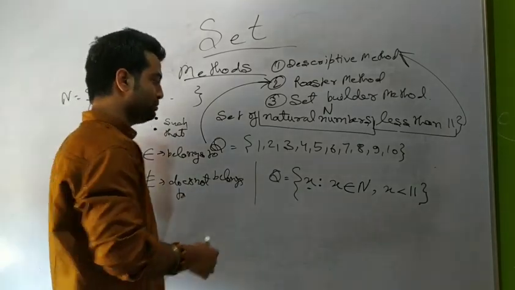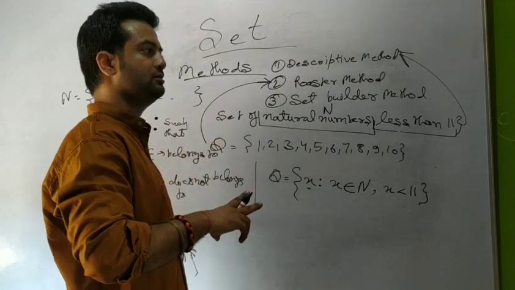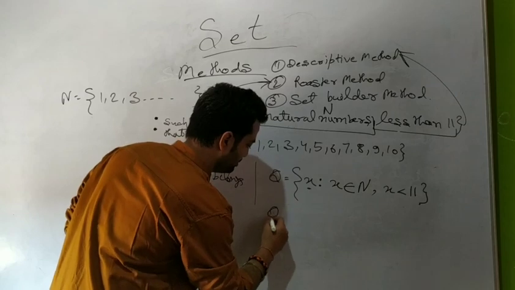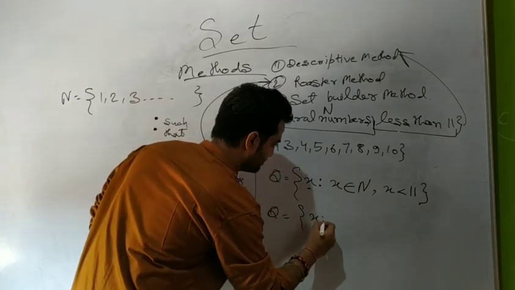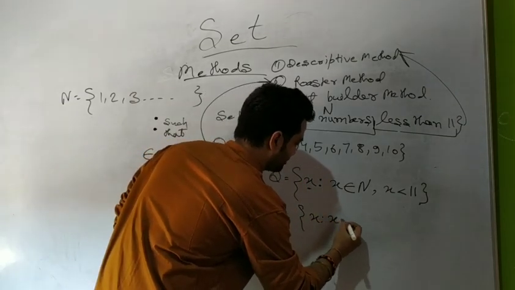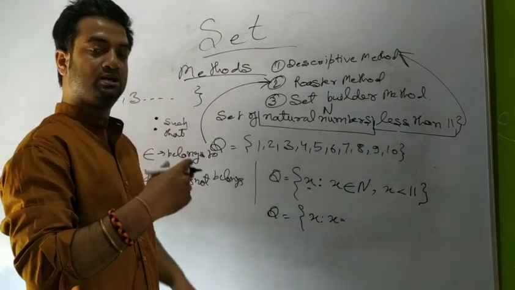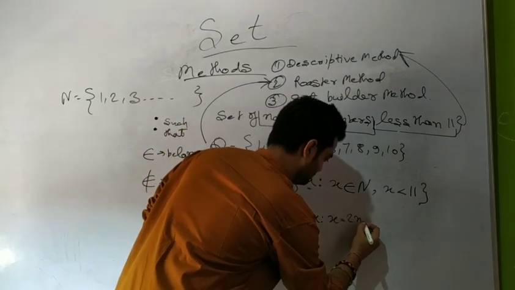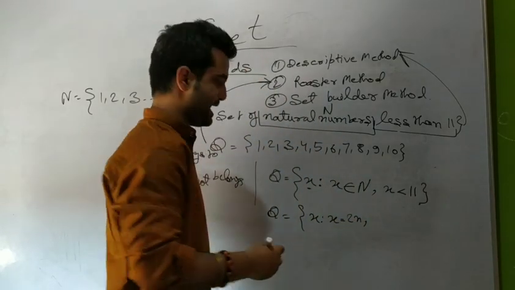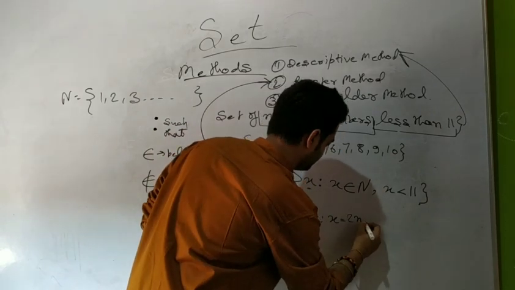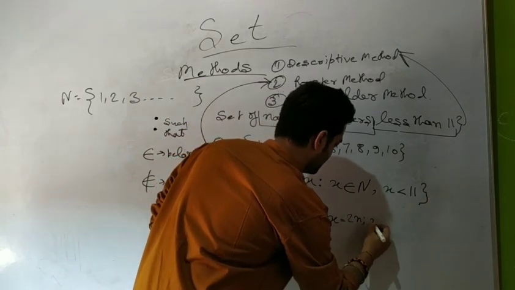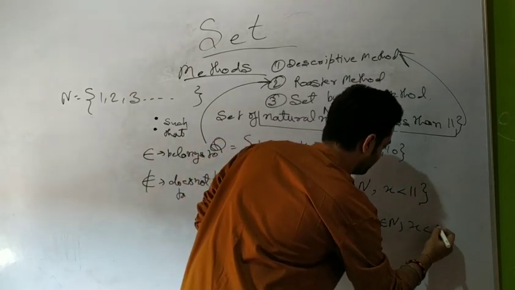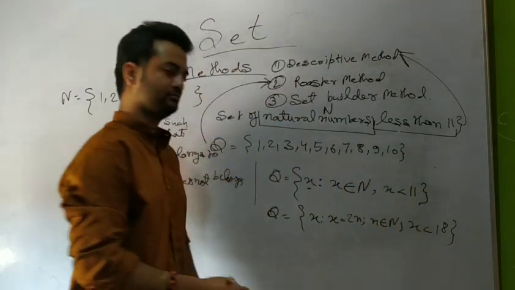Let's have another look. Remember the set of the numbers which are divisible by 2 but less than 18. We can write that as x such that x is 2n, where n is a natural number, and x should be less than 18. How did we describe it?